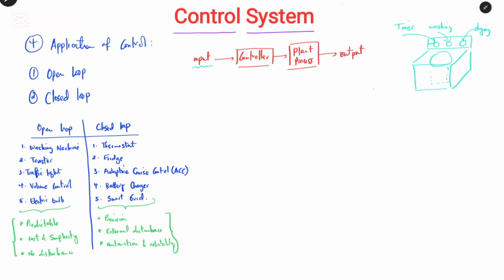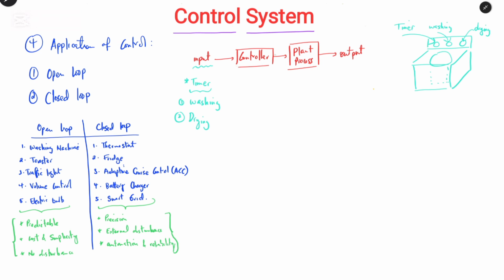Those can be regarded as the two main operations of a particular washing machine. The input is now the timer based on the operation, which is either washing or drying.